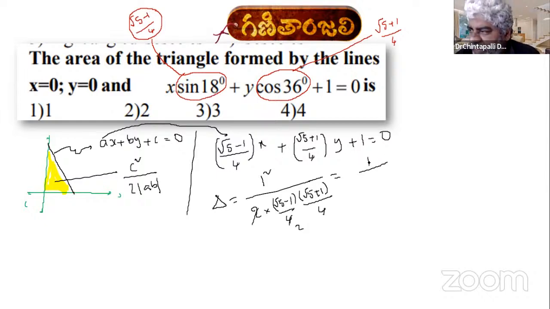Do you remember the formula a minus b into a plus b? It is a square minus b square.